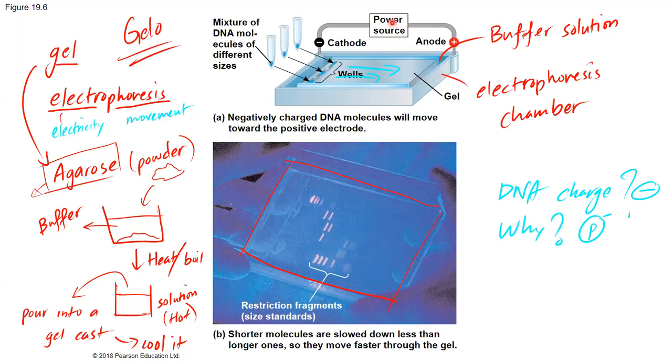So applying electricity will force the DNA to move from the wells towards the other end of the gel, or towards the positively charged anode. That's why this technique is called gel electrophoresis, because the DNA will be moving inside the gel.